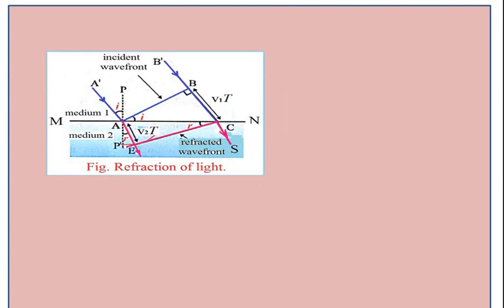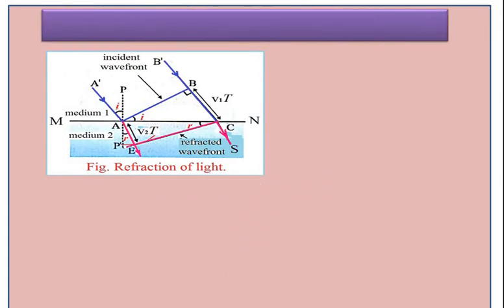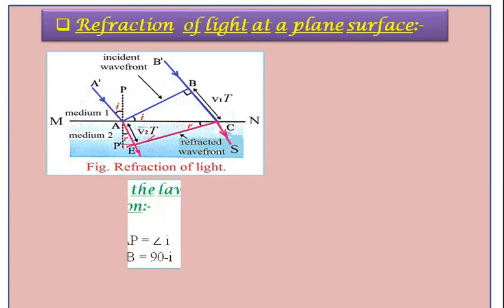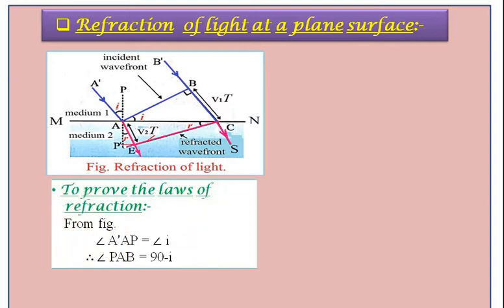Here we have to prove the laws of refraction. To prove the laws of refraction, in figure A'AP is the angle of incidence, and due to this, angle PAB becomes 90 minus i.